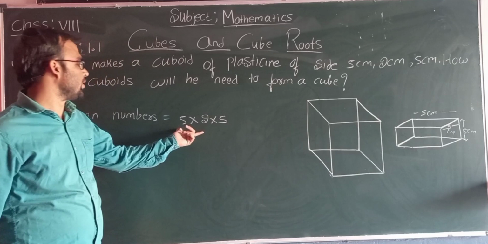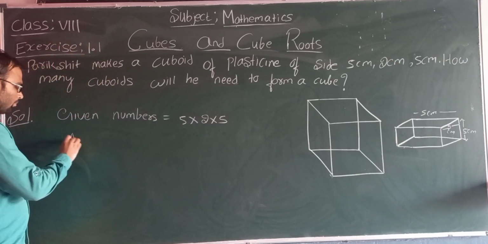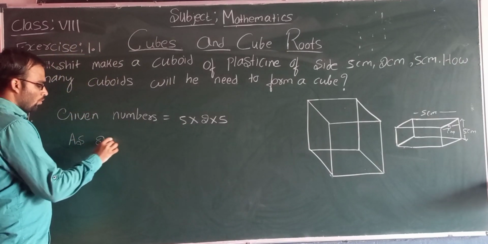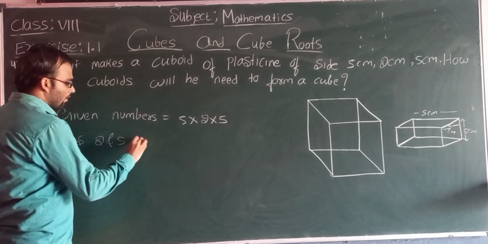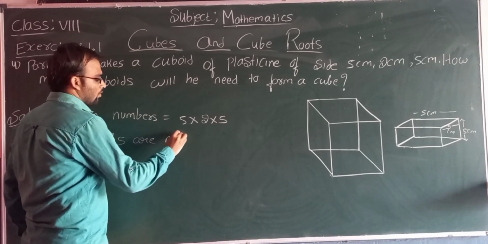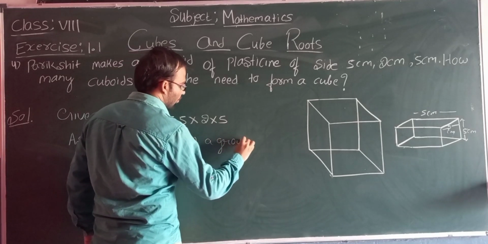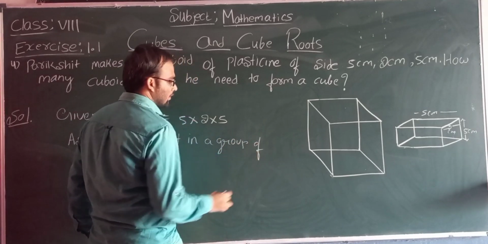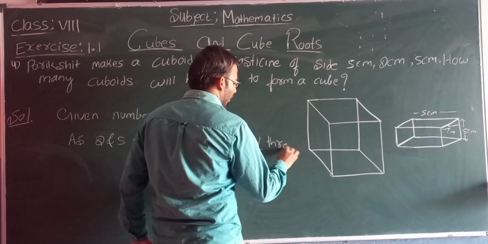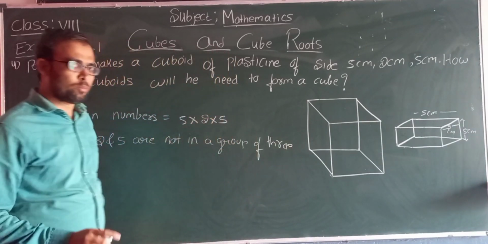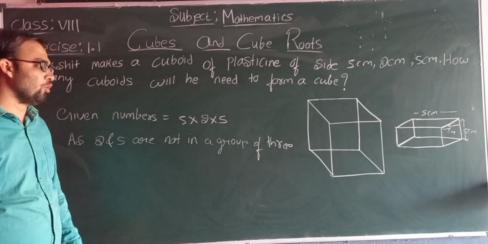Just look at here, students. As 2 and 5 are not in a group of 3, if these numbers are in a group of 3, then we can easily make a cube.